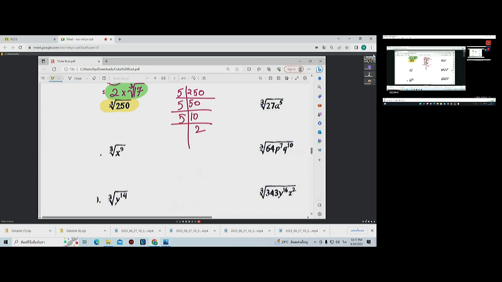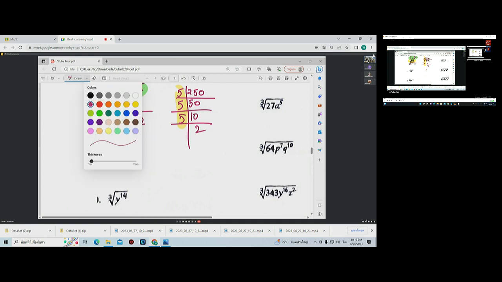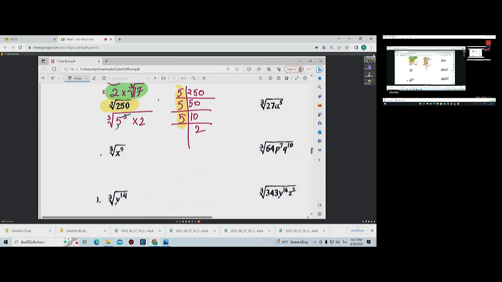So we can get 5 cube here. So that means cube root of 5 cube times 2. So we get 5 outside, which is 5 times cube root of 2. Yes?